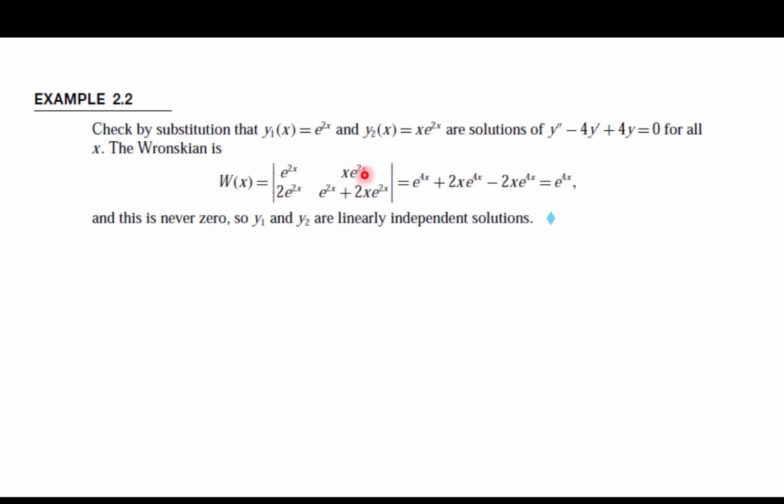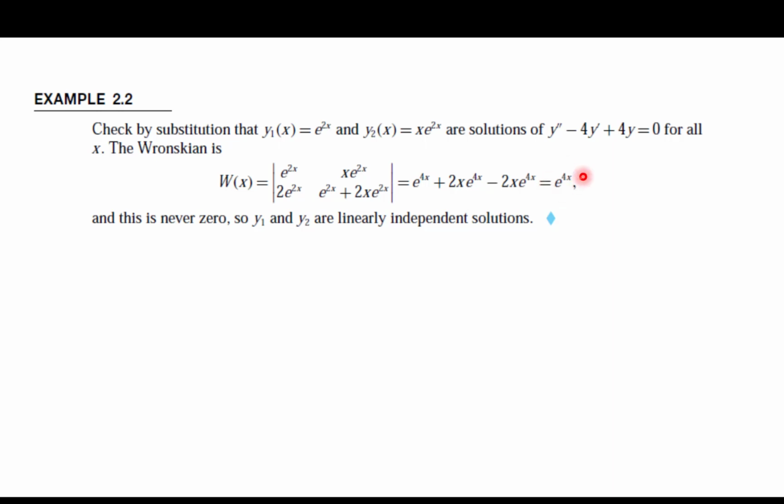If you multiply the diagonals and subtract them, you have e to 2x times x e to 2x derivative term, giving e to 4x plus 2x e to 4x, minus the other diagonal, 2x e to 4x. This equals what?